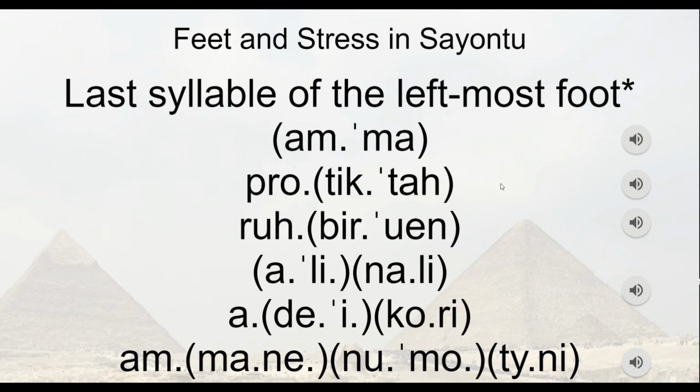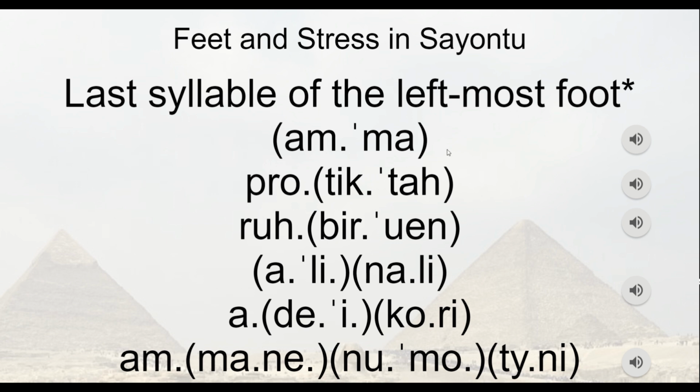Potikta, which is an energy cube, and Matthias explains it very well in many of his videos. In this word, the stress is put on the last syllable, as it's in the foot on the right. And something else I want to mention is that feet in Sayontu start from right to left.